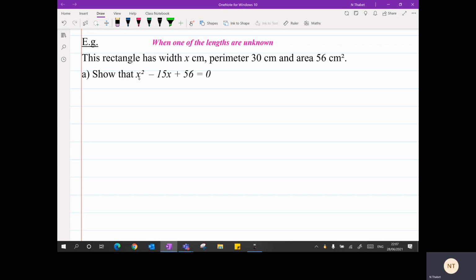Show that x squared minus 15x plus 56 equals 0. It means use this information to create an equation, and once you expand the brackets and do everything you have to do, you're going to end up with something that looks like this.